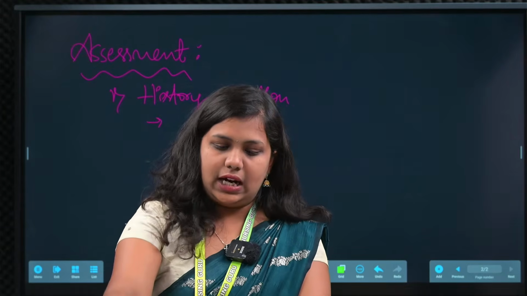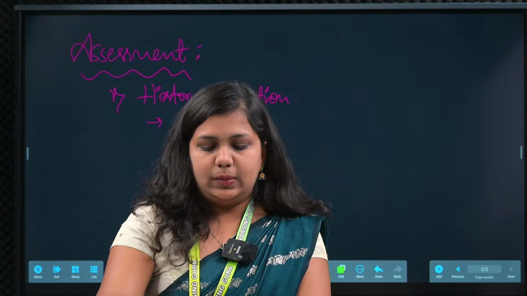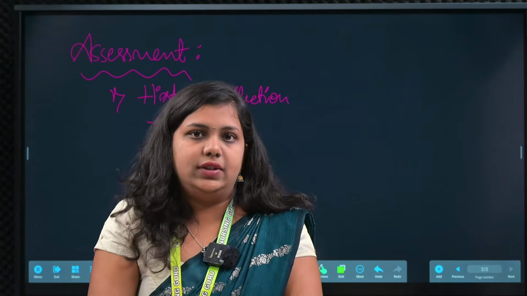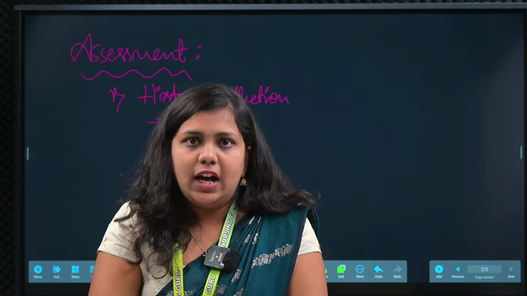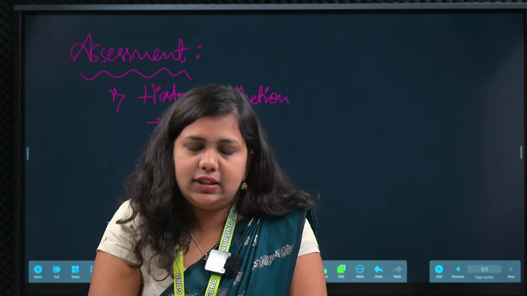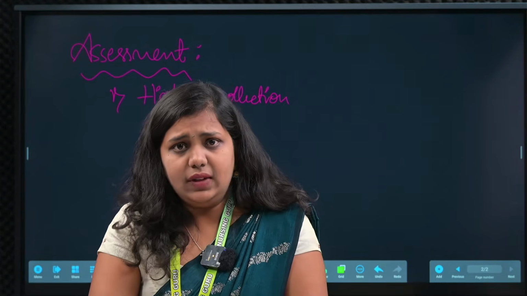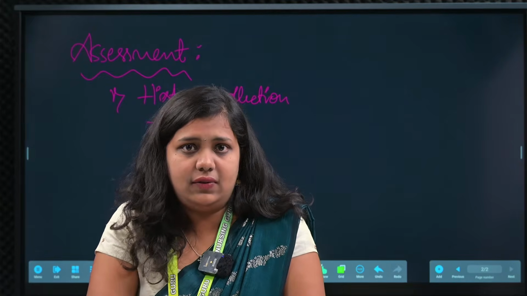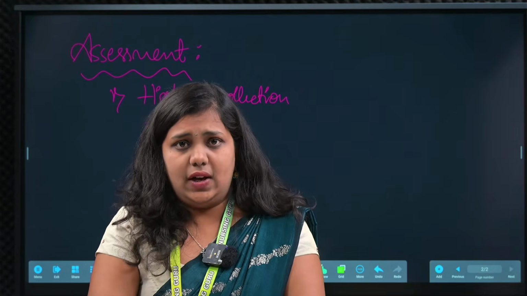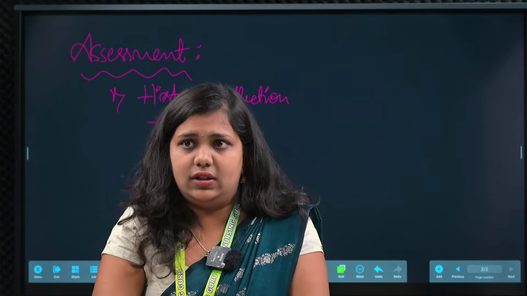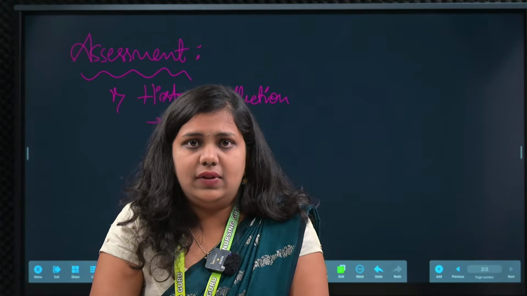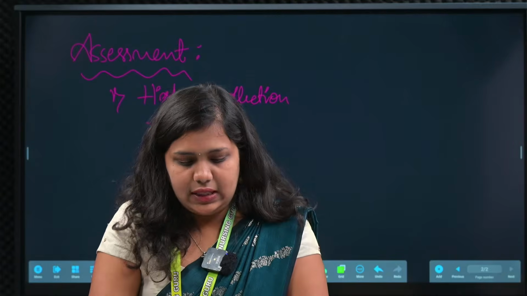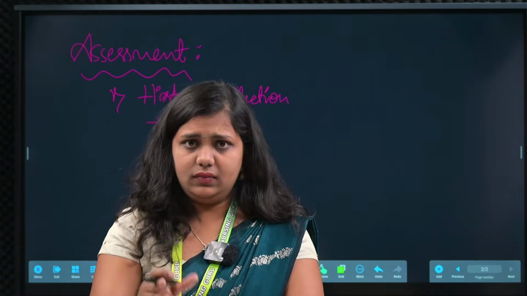And next is obstetric history. From the married woman, definitely we have to collect the obstetric history, that you all know: gravida, parity, abortions or previous history of abortion, and also the count of living children. Next is contraceptive history.